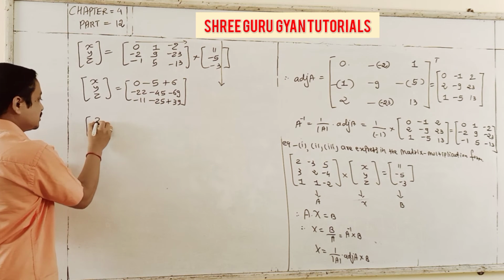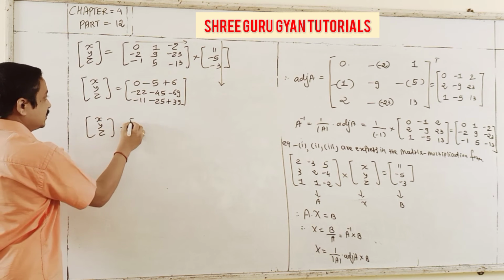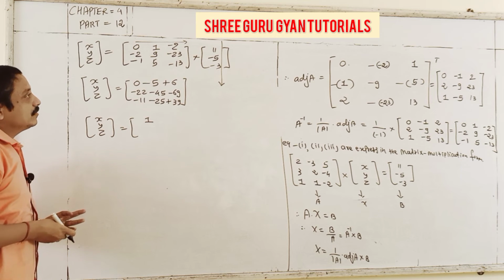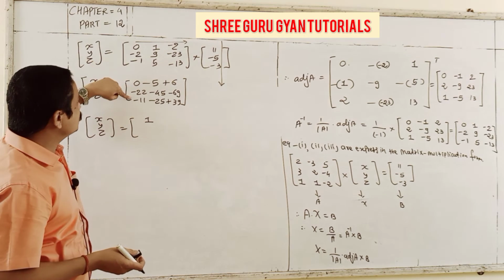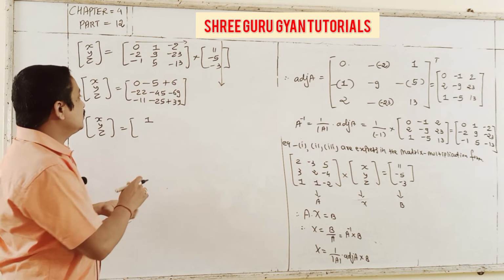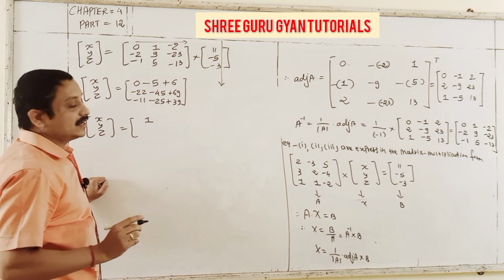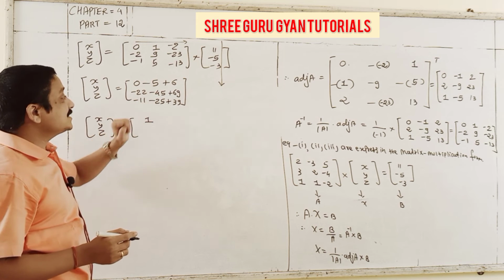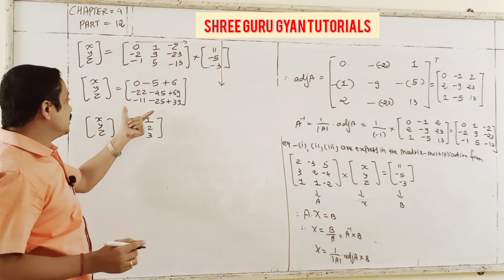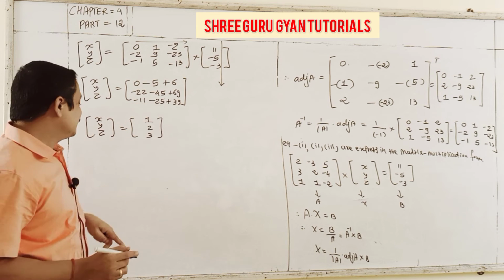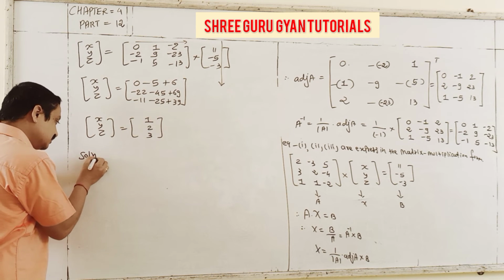Let me revise my solutions one more time: minus 22, minus 45, plus 69, which gives 2, and that is 3 because minus 36 plus 39. So my solution is finally done: 1, 2 and 3.